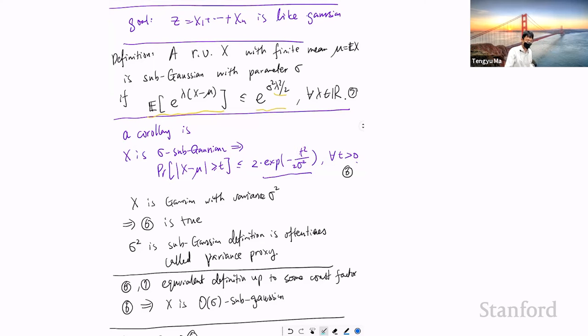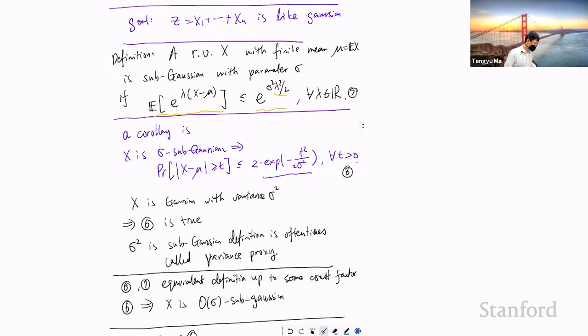That one doesn't have this fast decay of the tail. It's not t squared, it's t. For these random variables, you still want to prove something about concentration, and you can still do it almost the same as for sub-Gaussian random variables with some minor technical differences, and that's what one of the questions in homework 1 is about.